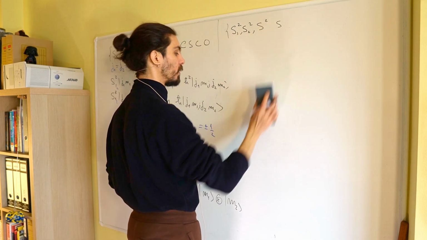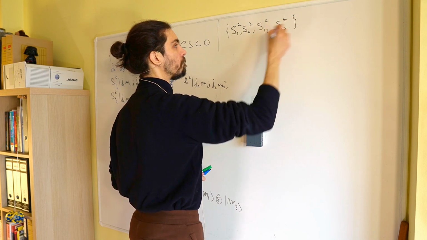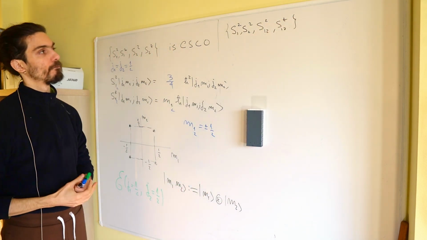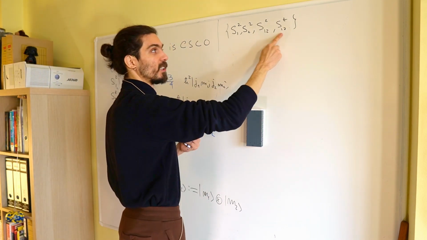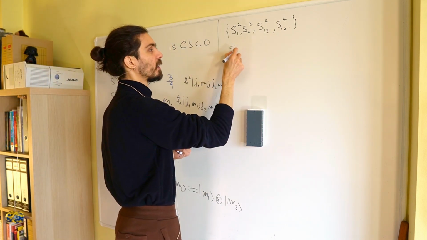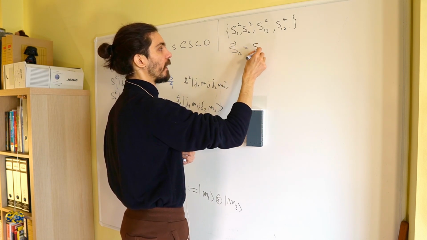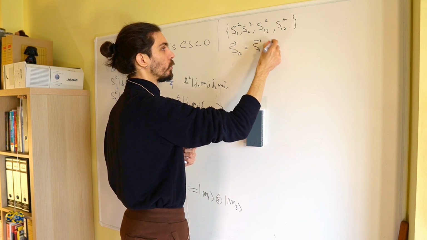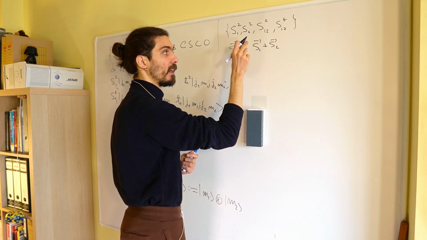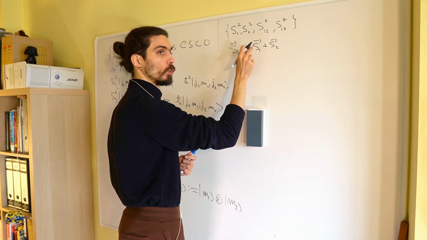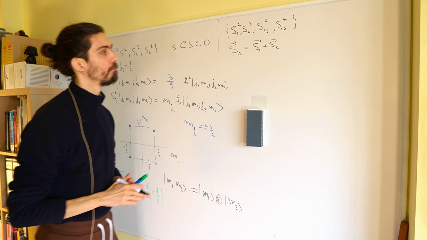It's probably more intuitive. 1, 2, 1, 2, Z. Let me just say what this thing is supposed to mean. S12 is equal to S1 plus S2. This is, again, a vector whose entries are operators: the S1x, S1y, S1z, and so on.